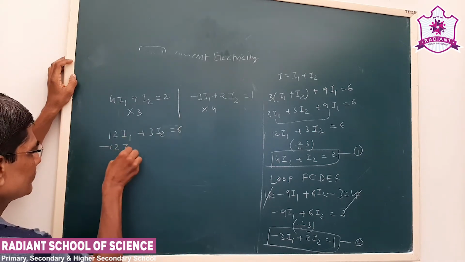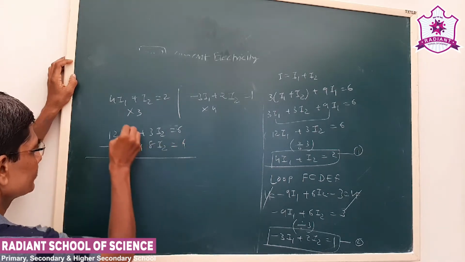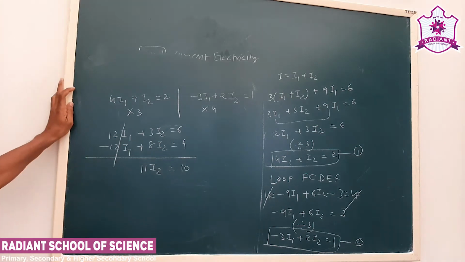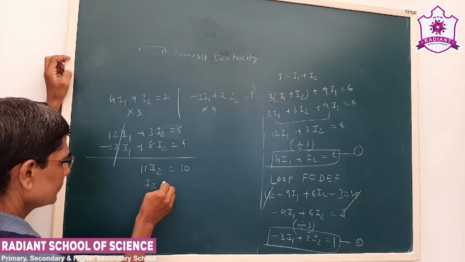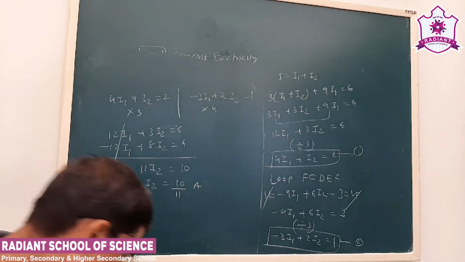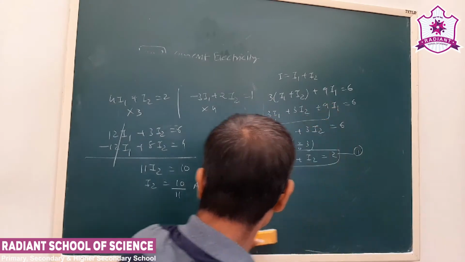Minus 12I1 plus 8I2 is 4. Adding, 11I2 is 10. So I2 is 10 by 11. Now you have got the value of I2. We can substitute in any one equation.